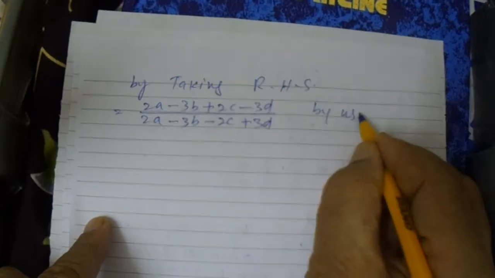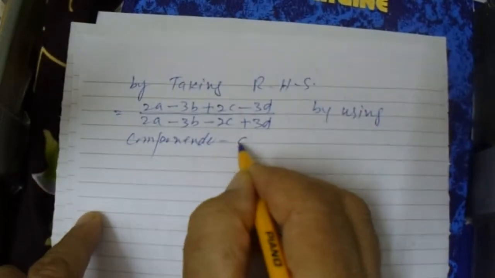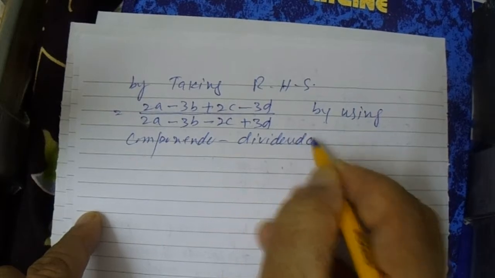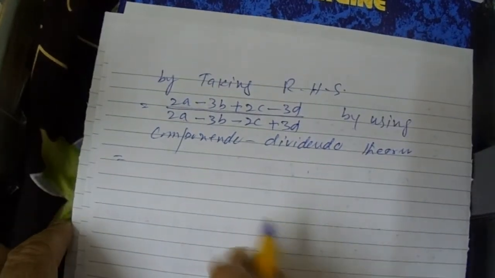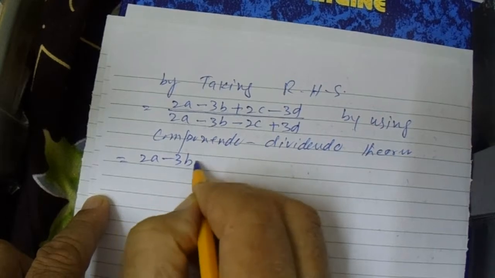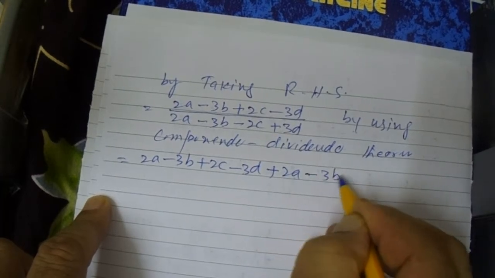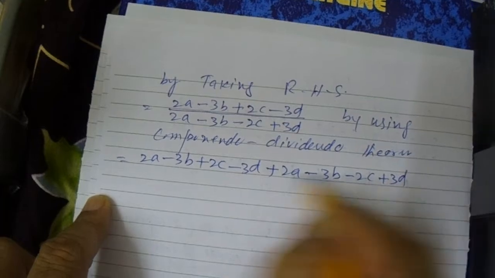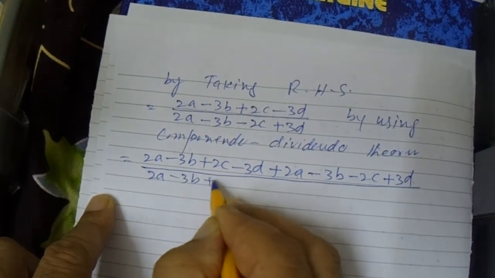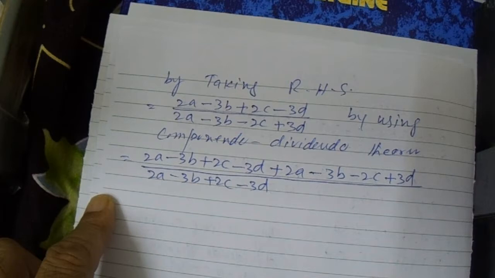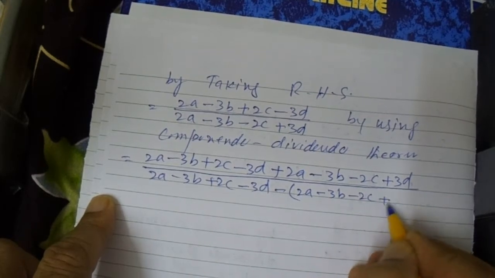By using the componendo and dividendo theorem, the right side is equal to 2A minus 3B plus 2C minus 3D plus 2A minus 3B minus 2C plus 3D over this minus this: 2A minus 3B plus 2C minus 3D minus 2A minus 3B minus 2C plus 3D.